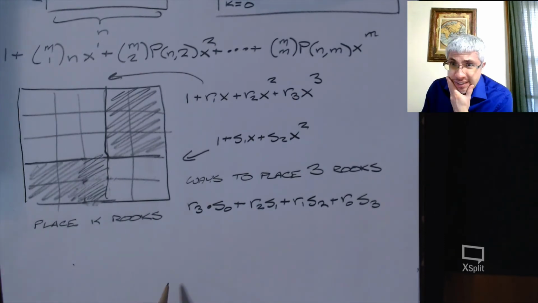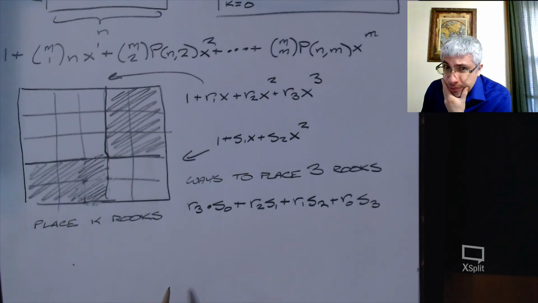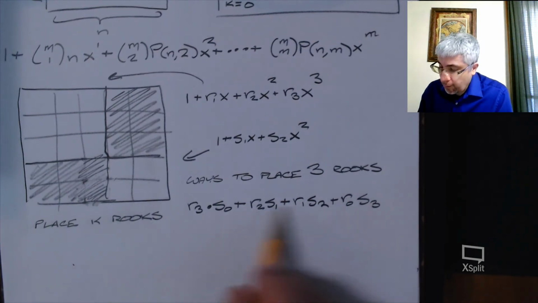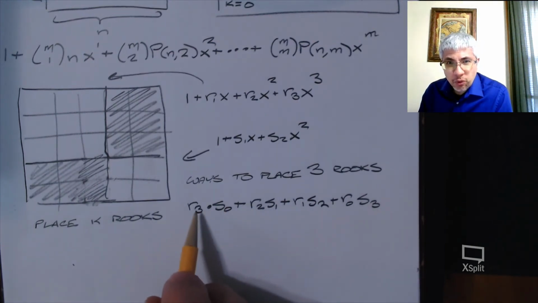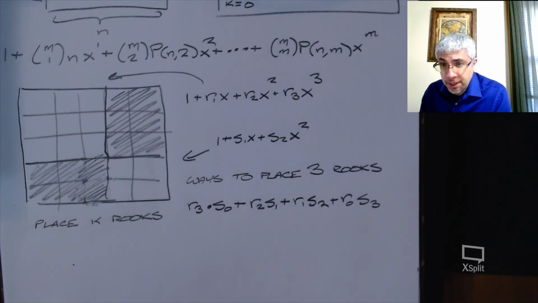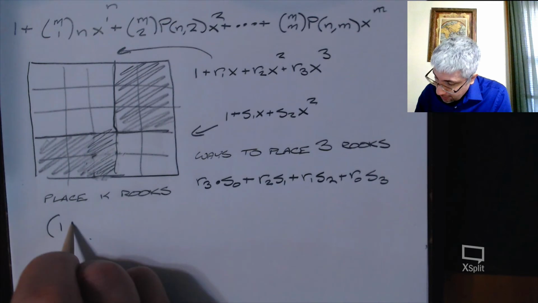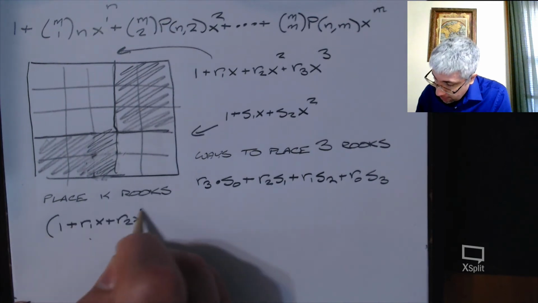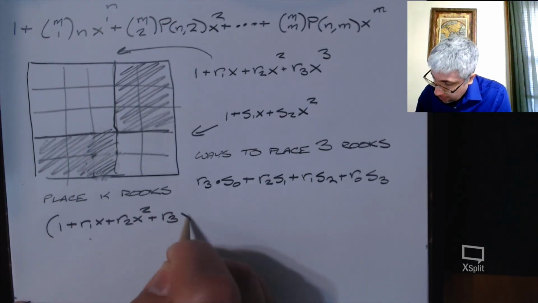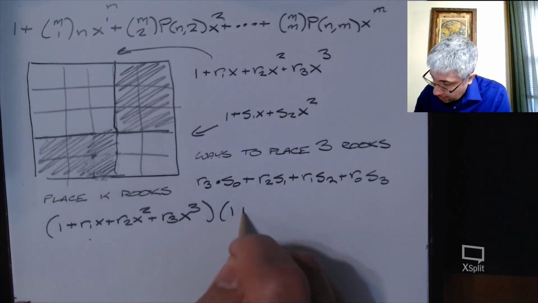Have you seen anything that looks like this before? A sum like this where one thing is going down and the other thing is going up? Well, let's look at the product of these two.